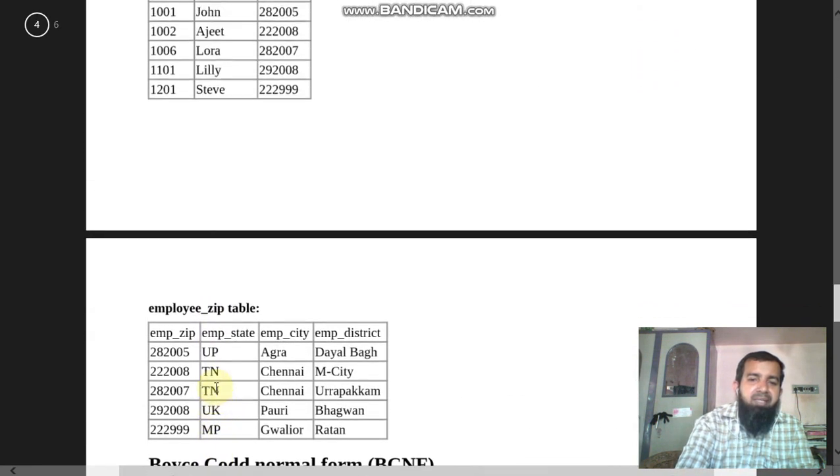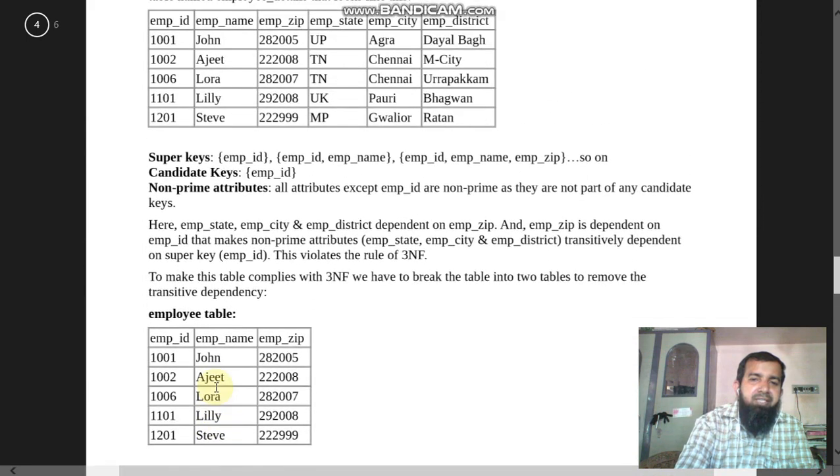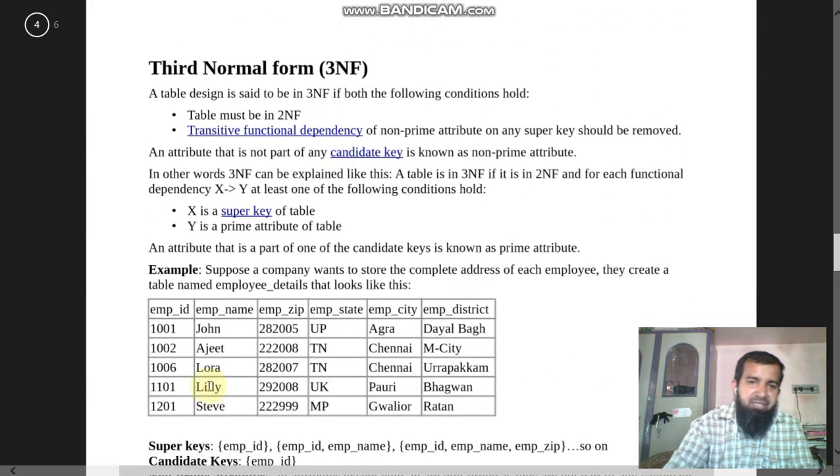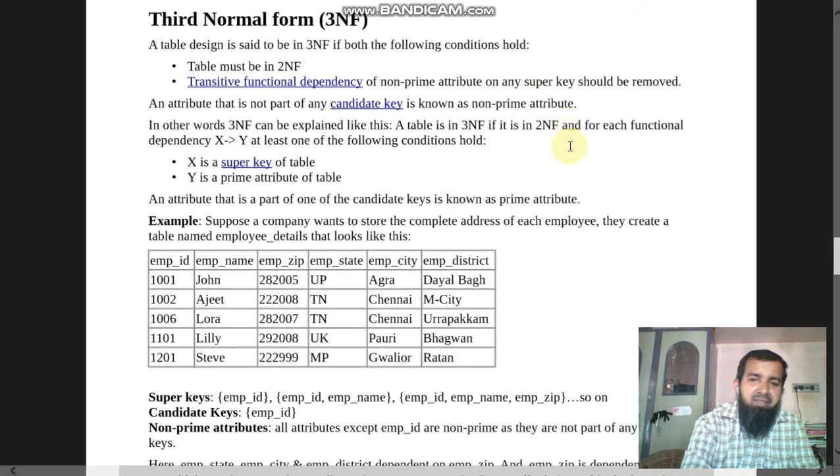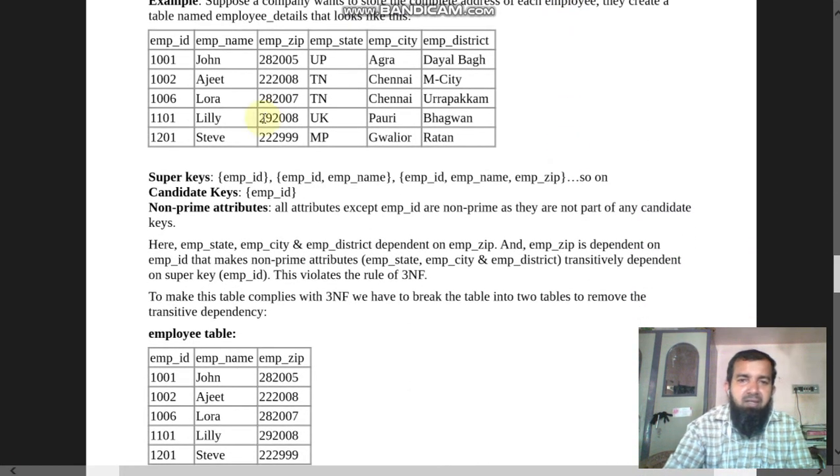If you do this, it removes the second condition violation: transitive functional dependency of non-prime attribute on any super key. How to remove that? You have to make separate tables. The first three columns form one table, and employee zip to employee district, these four columns, form one more table.